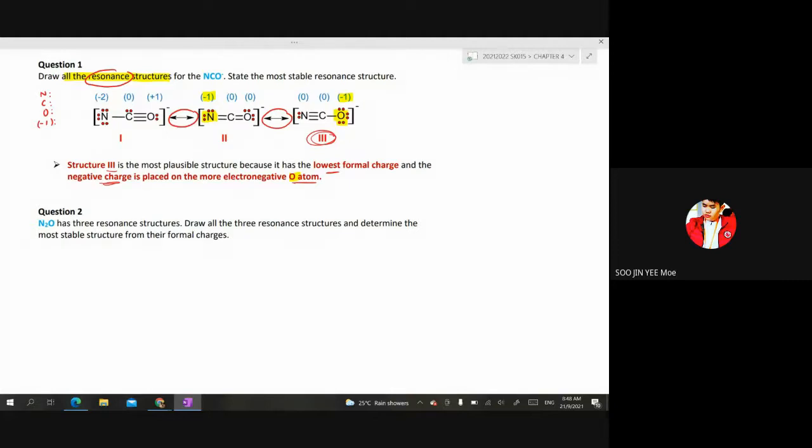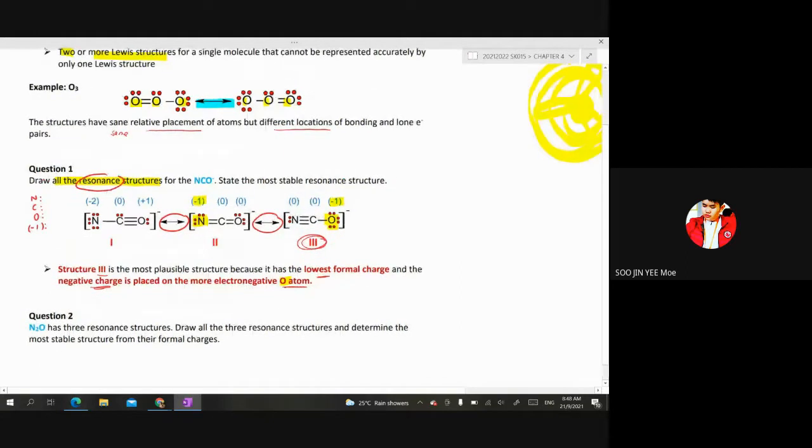Madam, yes. I want to ask about the O3. Okay. The O3, if the question were to ask us which is the most plausible structure, then what will be the answer? Have you tried to calculate the formal charge? But it seems the same for both sides.